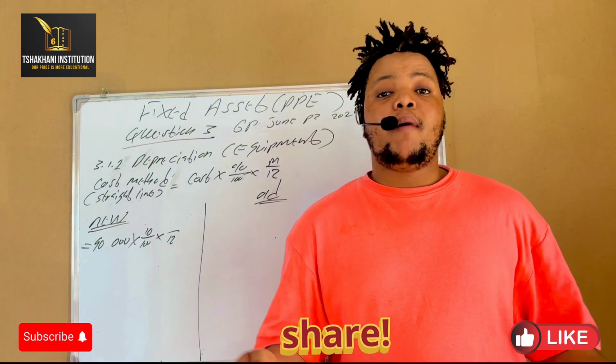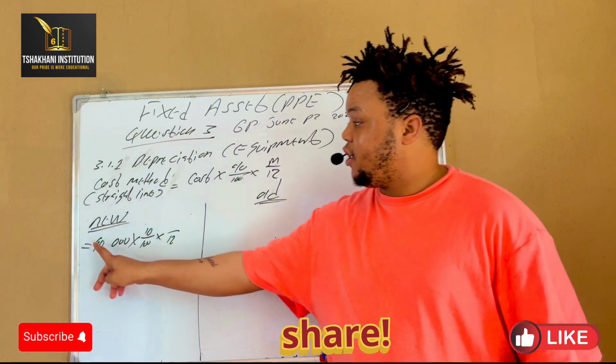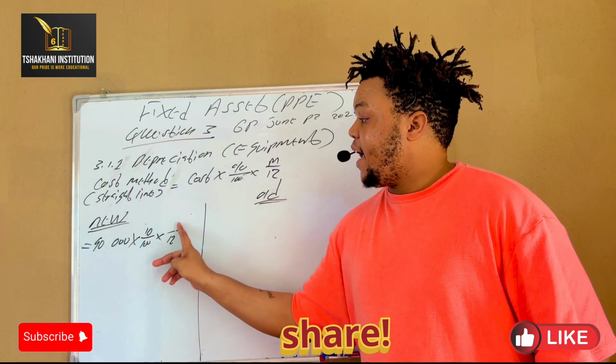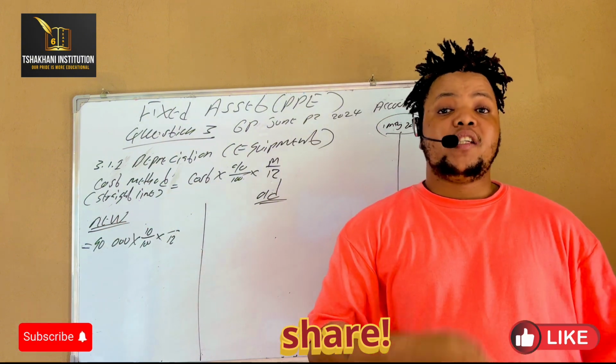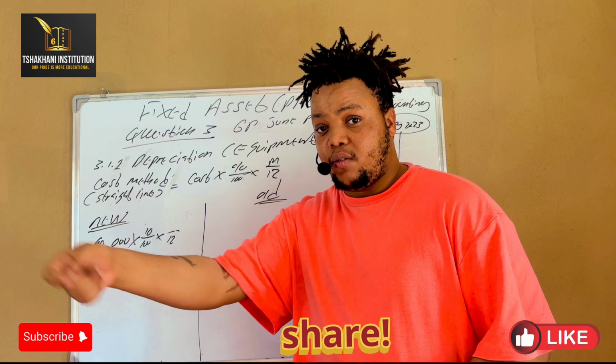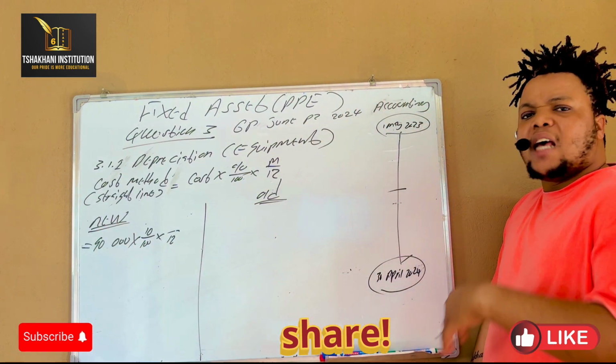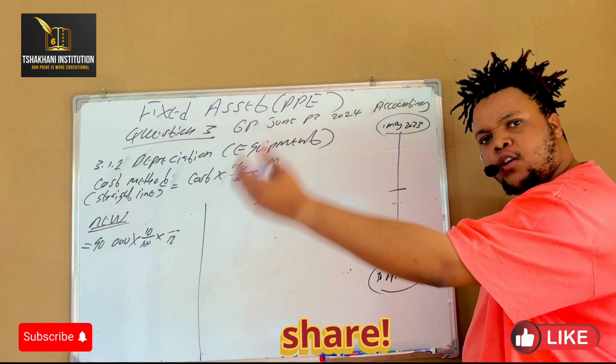You remember I said, when you find the m on the first episode of the vehicle depreciation, that to find m for a new item, you need to know the day you purchased it, and then you count towards your end, towards your reporting date, right? They said they purchased this halfway through the financial year.